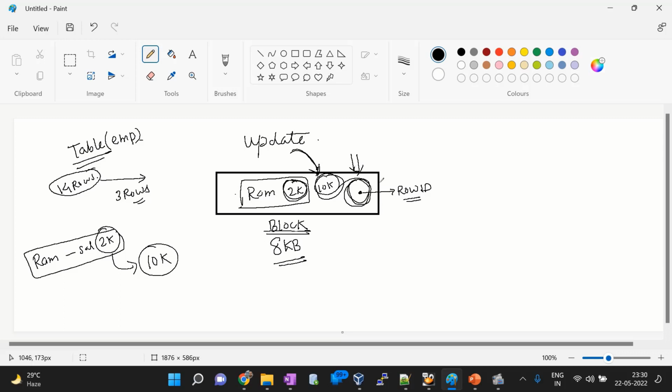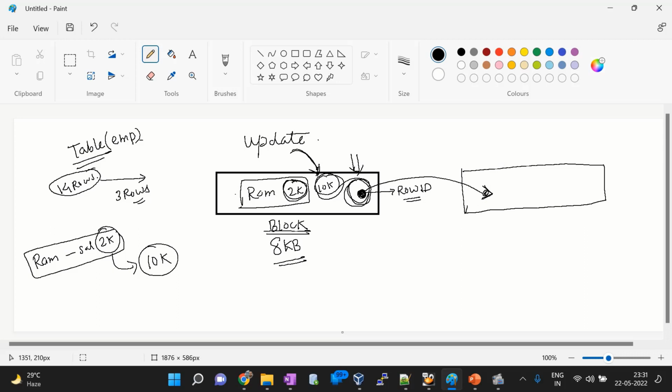In that scenario, keeping the row ID of this row, it will migrate the information to another block.